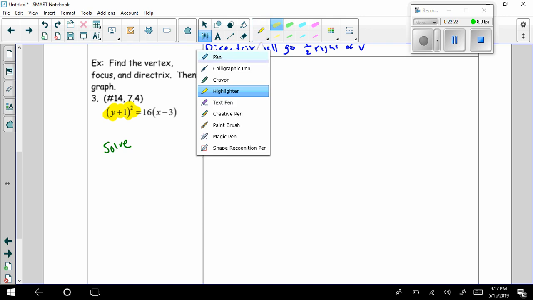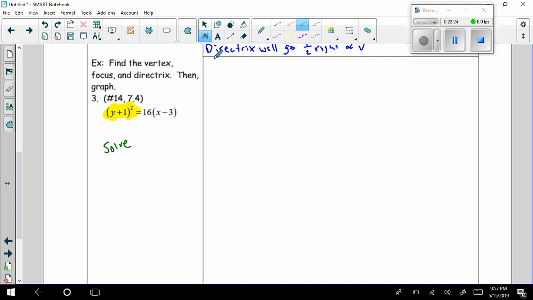Okay, so this one will be open, either left or right, yet to be determined. So we have y plus 1 squared is equal to 16 times x minus 3. And again, your goal is to get this x by itself.